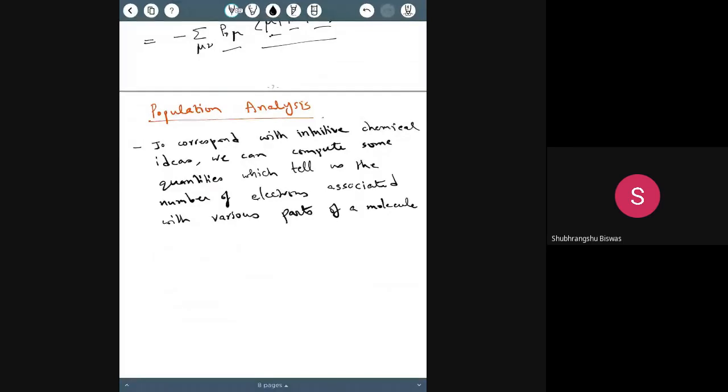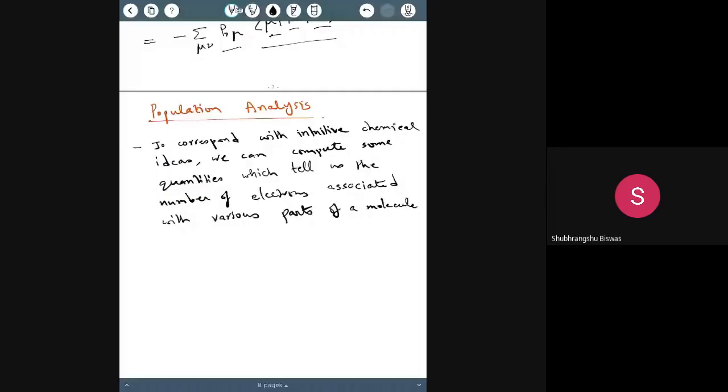But if you want to have a rough idea of where the electrons are, or which part of the molecule would behave as if it has a positive charge, then you can compute various quantities, and all of them are put under population analysis. And there are many types of population analysis. One is called Mulliken population analysis.